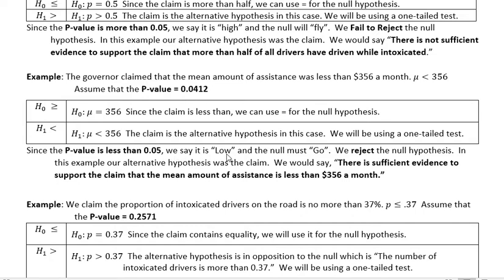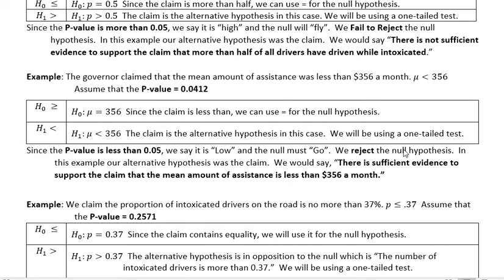Therefore, it is low, and the null must go, and we reject the null hypothesis. In this case, we're rejecting the null, which means we find that there is sufficient evidence to support the claim that the mean amount of assistance is less than $356 a month.